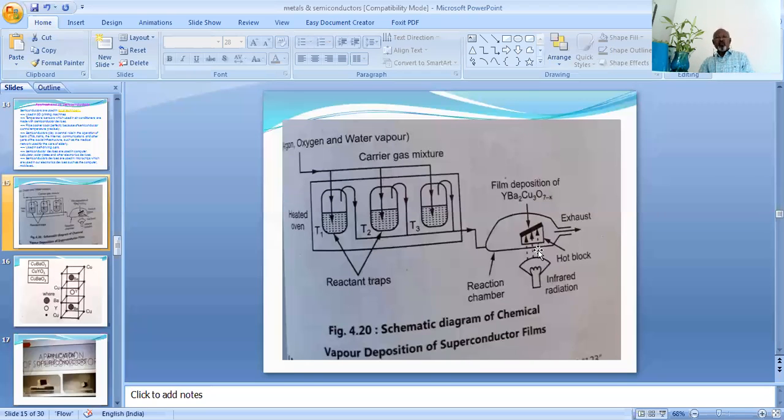Now with regard to the structure, see this structure. How can we draw the structure for YBa2Cu3O7-x?